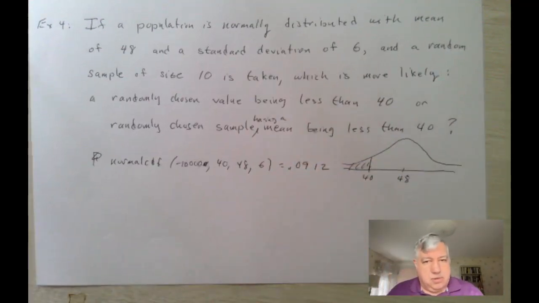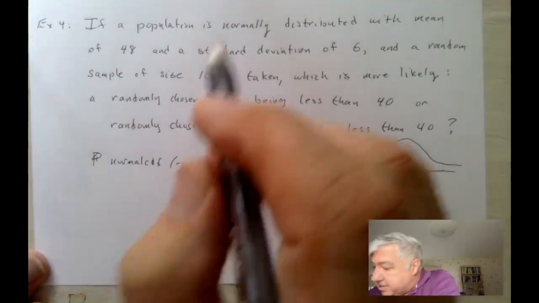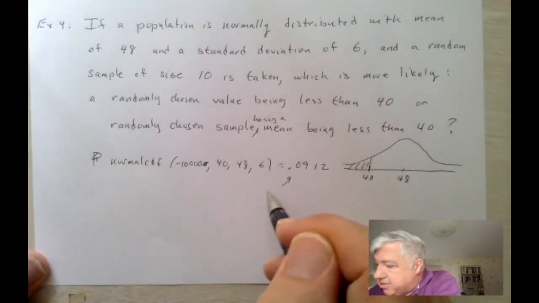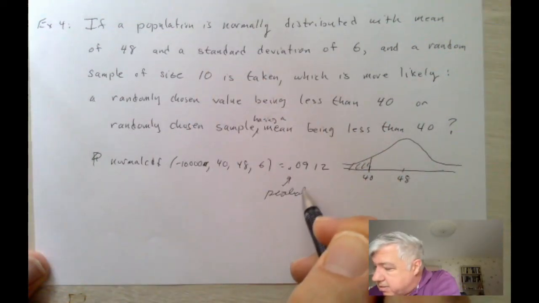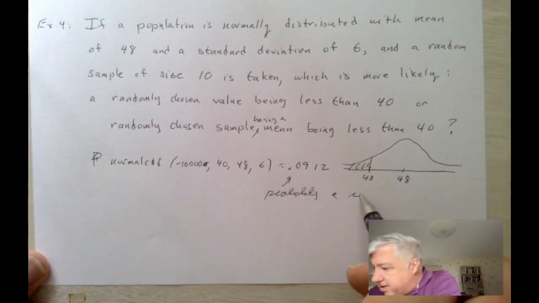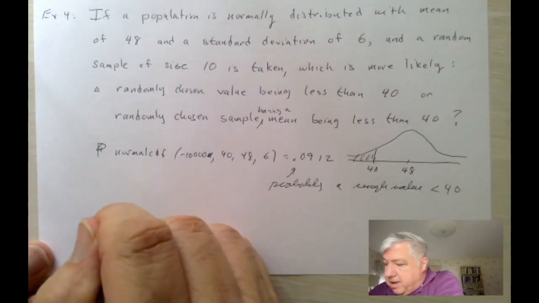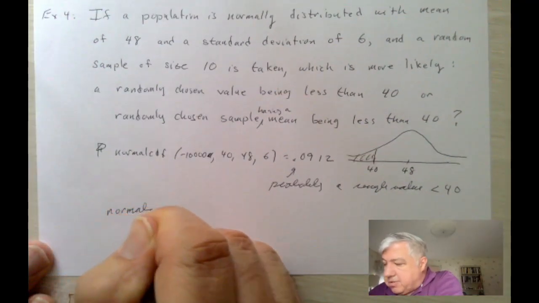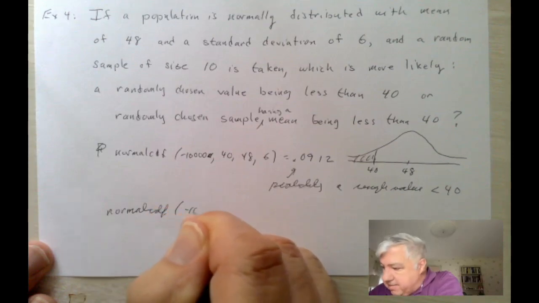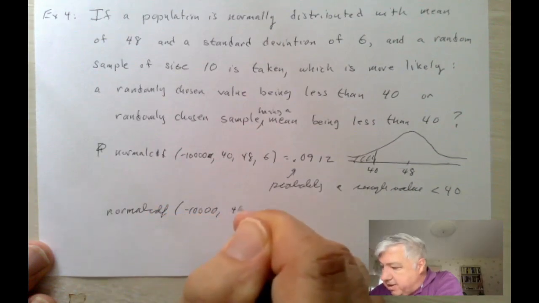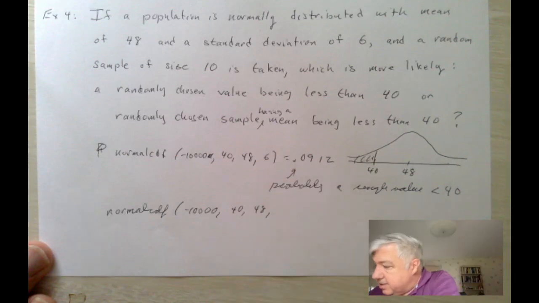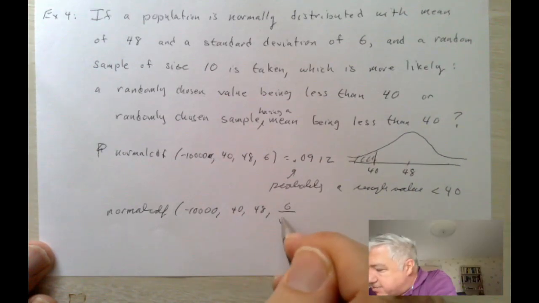Okay. That's the probability of a single value being less than 40. Now, what would be the other probability? That would be normal CDF of negative 10,000, 40, 48, 6 divided by the square root of 10.